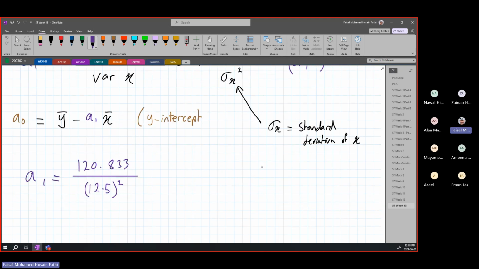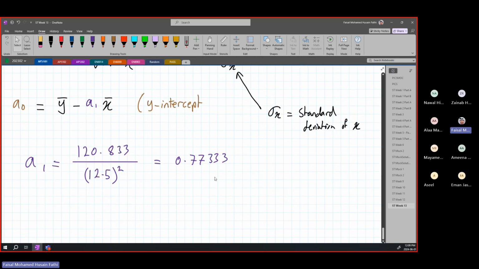And that's it. This is how you find a1. So a1 is going to be 120.833 divided by 12.5 squared, which is 0.77333, and this is our a1 value, or our slope.